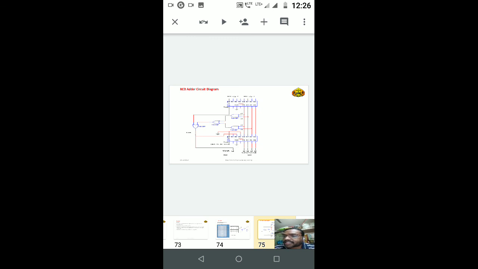If you observe the second IC and its second BCD input B4, B3, B2, B1, it should be 0 1 1 0. Why should it be 0 1 1 0? Because this second input should be 6.